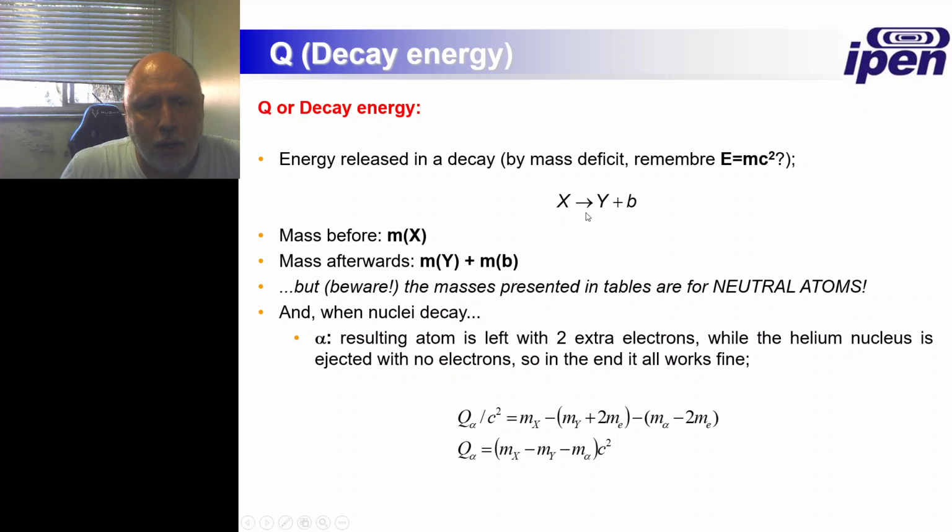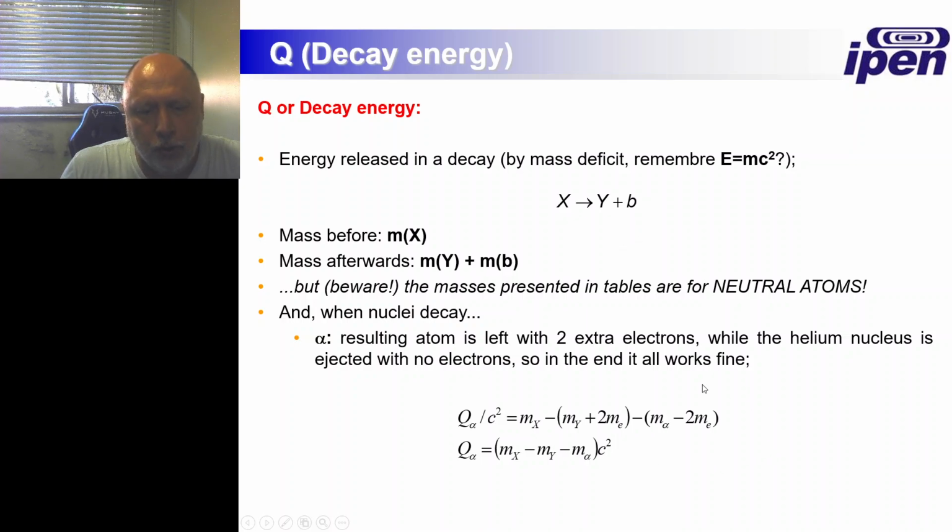But now we have to remember about the electrons. So, as I told you before, when an alpha decay happens, there are 2 electrons that are here more than they should, but there's 2 missing here.